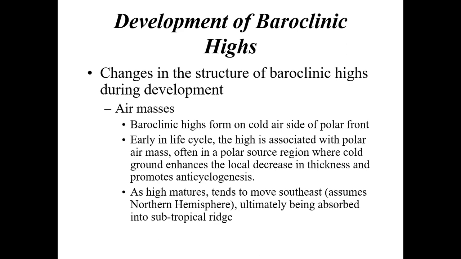As the high matures and goes through its self-development stages, as it moves further southeast, it's going to eventually be moving over a warmer air mass, a warmer ground. And as that high moves over the warmer ground, it's going to result ultimately in being absorbed into the subtropical ridge.